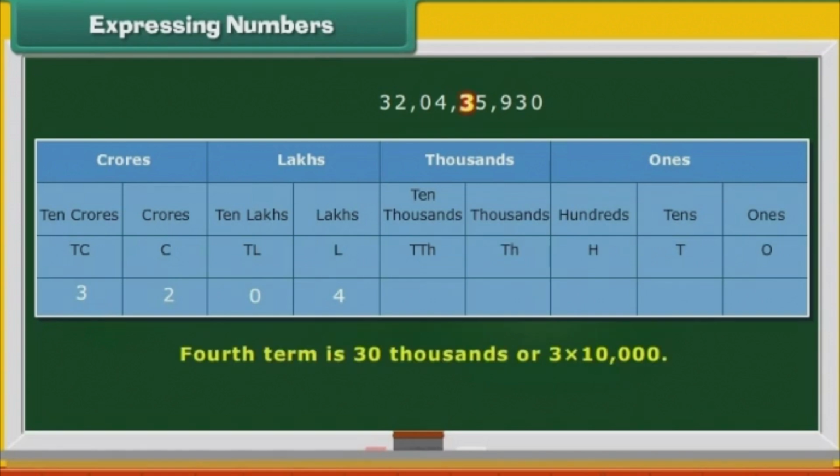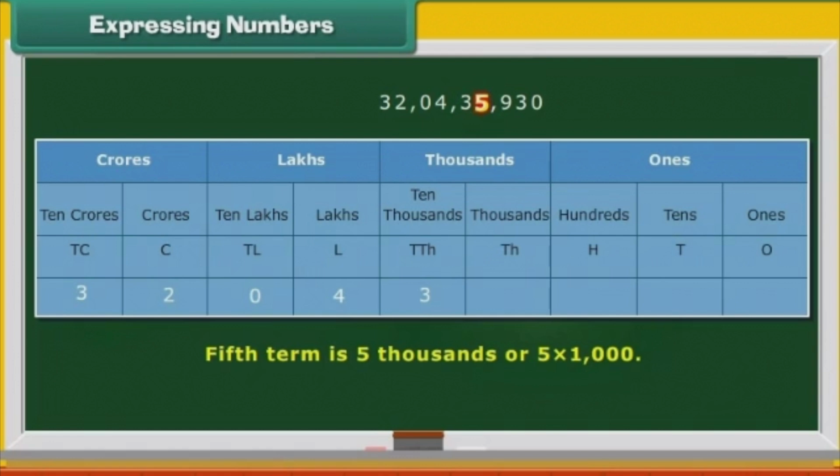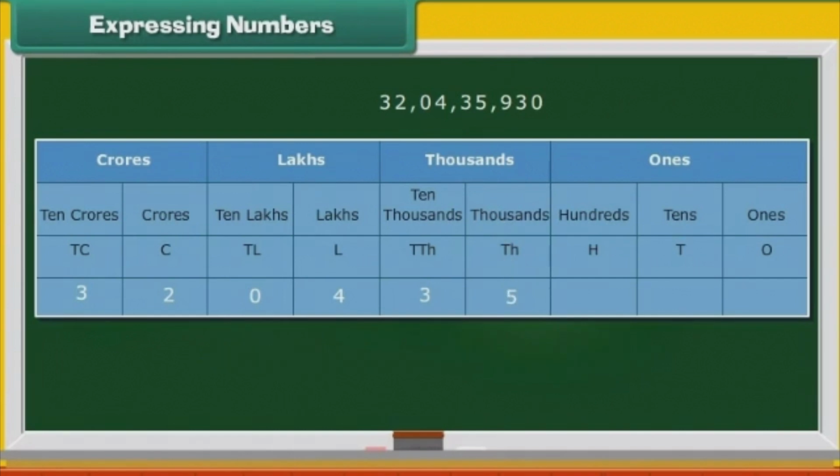Fourth term is 30 thousands or 3 multiplied by 10,000. Write 3 under TTH. Fifth term is 5 thousands or 5 multiplied by 1,000. Write 5 under TH.